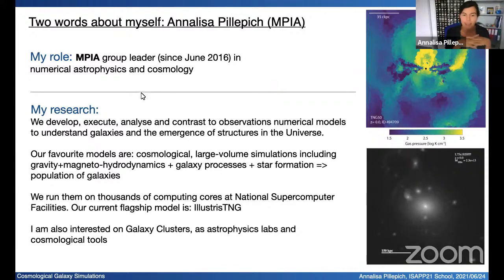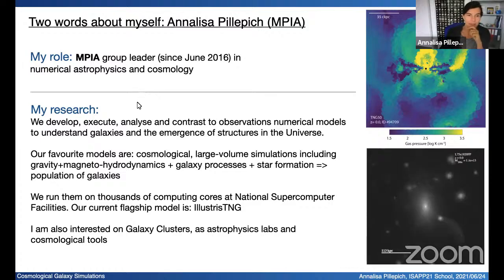We run them on thousands of computing cores at national supercomputing facilities, and a simulation project that I've been working on and that will come up during the lecture is the so-called IllustrisTNG, the next generation Illustris. I'm also working more generally on galaxy clusters as astrophysical laboratories and cosmological tools.